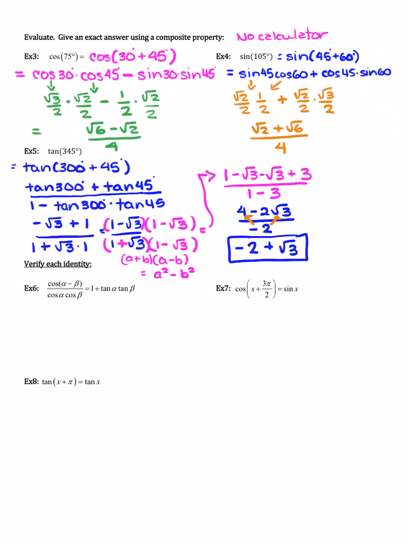All right, last thing we have here is just verifying identities. So again, you can work on either side. I'm going to work on the left-hand side for this one, which means you don't touch the right hand. So the first thing I'm going to do is just expand cosine A minus B. So again, that's cosine A times cosine B. The cos stay together, opposite sign.